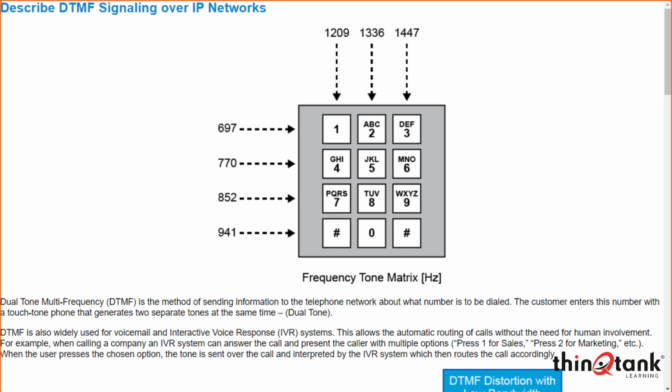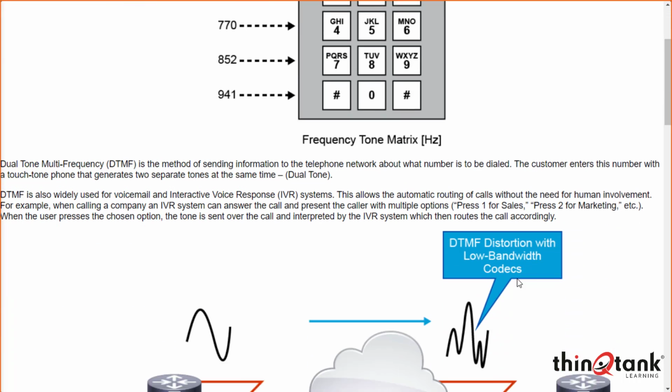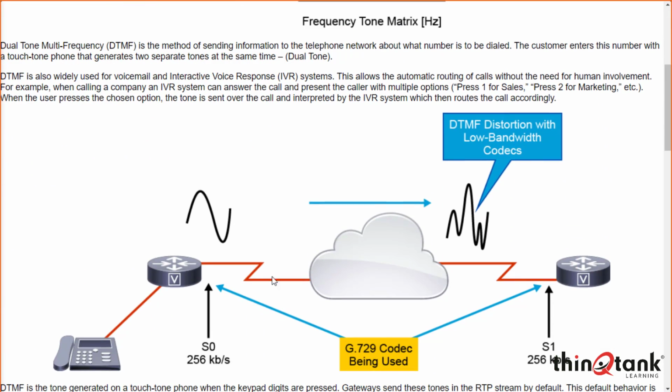Now keep in mind, this was obviously done as an analog function. We're literally talking about generating frequencies on the system itself. So we now have to emulate this when we're talking about voice over IP.